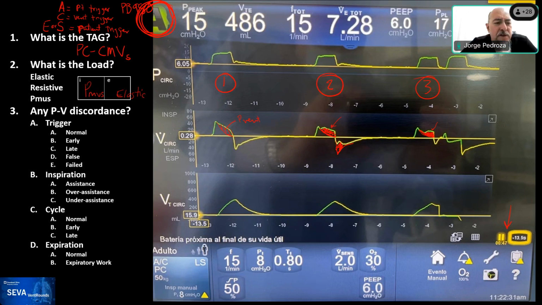So which patient-ventilator discordance do you think we are seeing here? Please write down in the chat. So we have an early trigger.